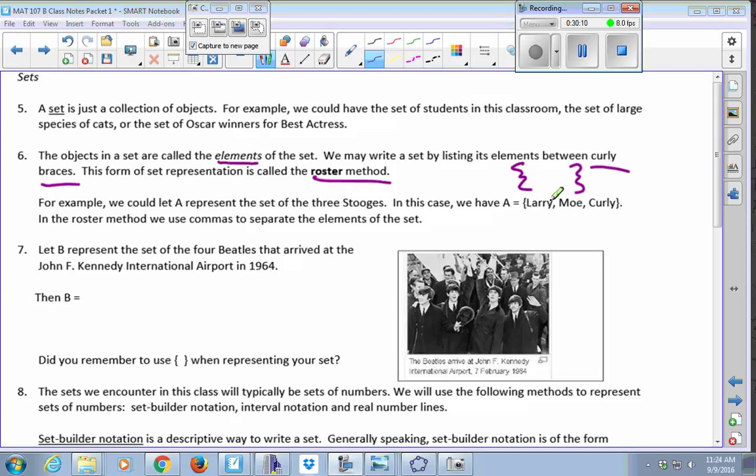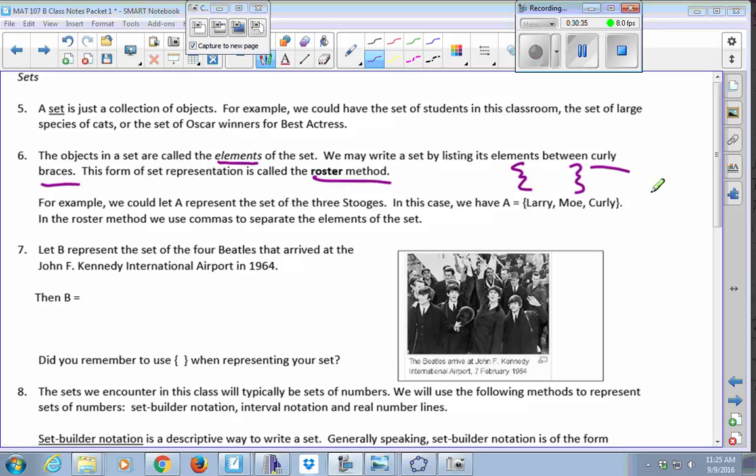So what I'd like you to do right now at your seats as fast as possible, and you can talk to each other if you don't know, is represent the set B, capital B. That set represents the 4 Beatles that arrived at JFK in 1964.